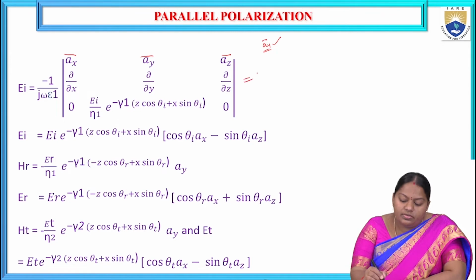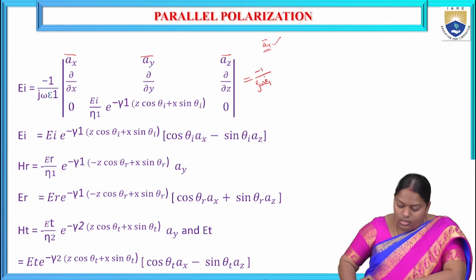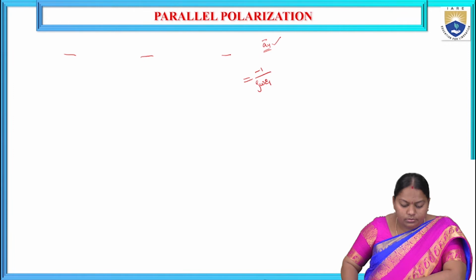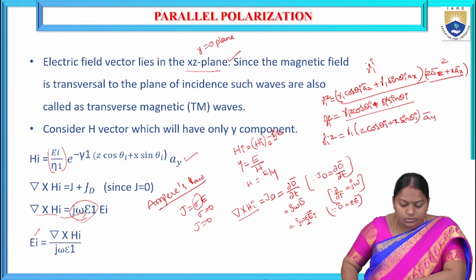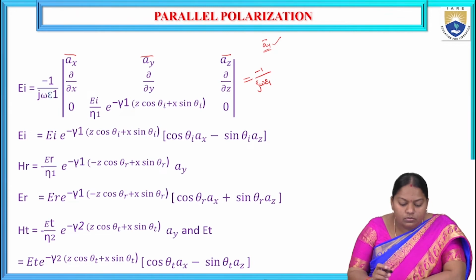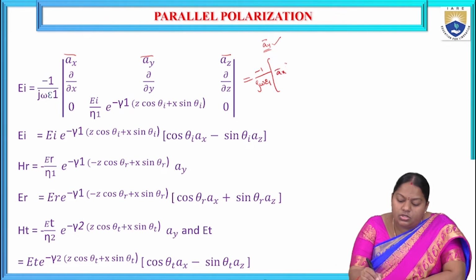To simplify this equation, which is equal to minus 1 by j omega epsilon 1, then Ax into, if you write Ax here, first consider first row and first column, the determinant between these gives dou by dou y of 0 becomes 0, minus dou by dou z of Ei by eta 1 into e power minus gamma 1 (z cos theta I plus x sin theta I).